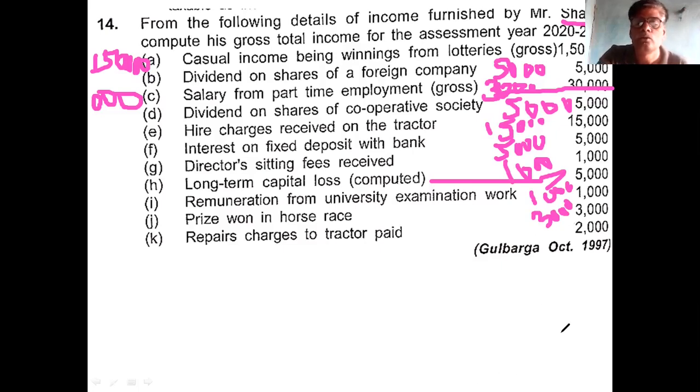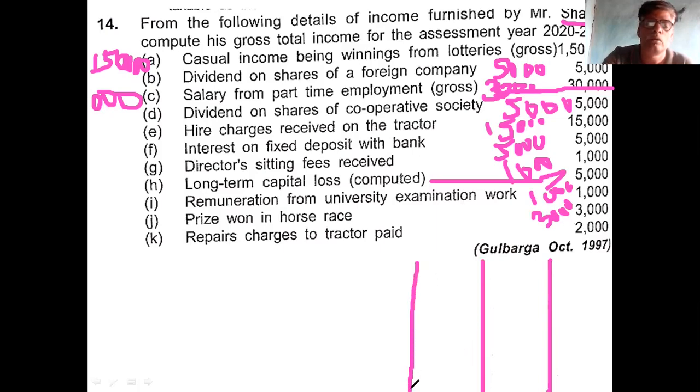Okay, how to solve this problem? I'll give you the clue here. You see here. You make 3 amount columns: first amount column, second amount column, third amount column. First is salary.